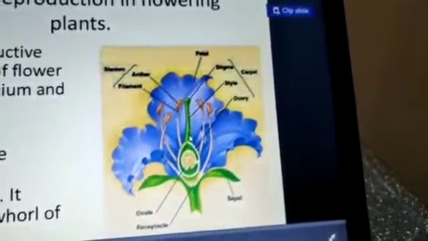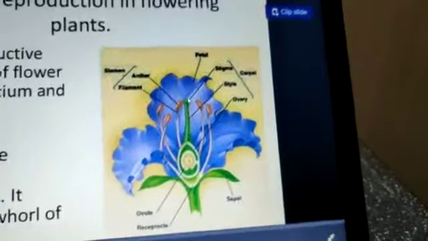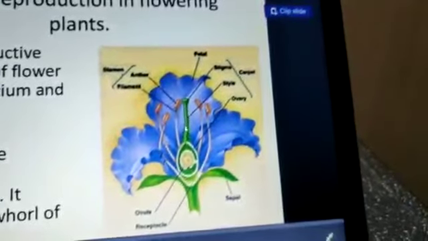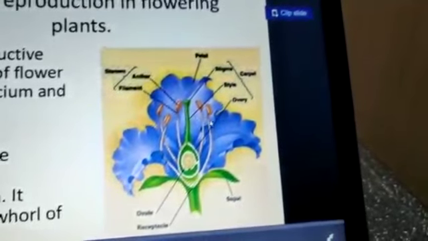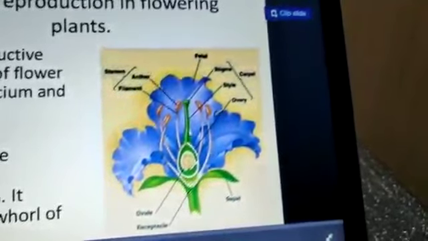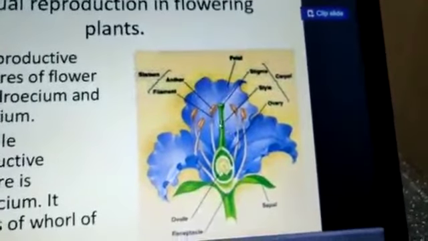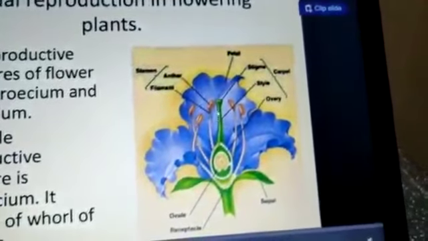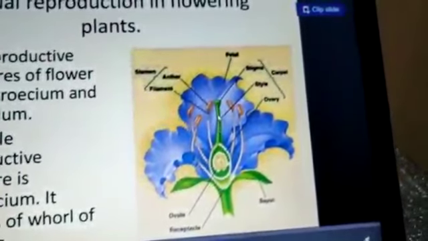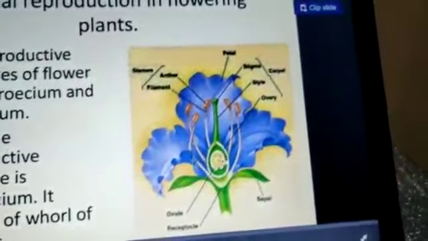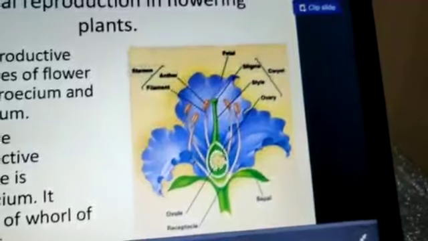And this is the gynoecium or pistil or carpel, the female part. The male part is made up of 2 units, anther and filament, but the female part is made up of 3 units: uppermost stigma, the thread-like structure style, and this swollen portion, the ovary.